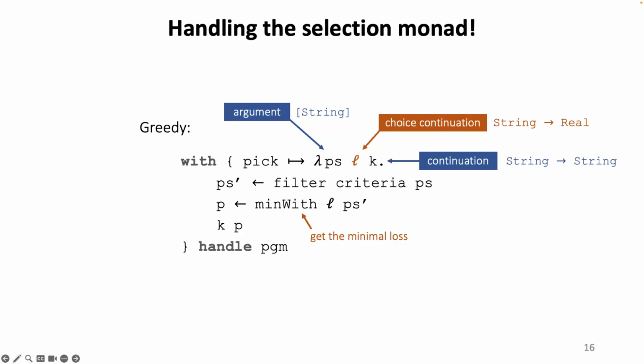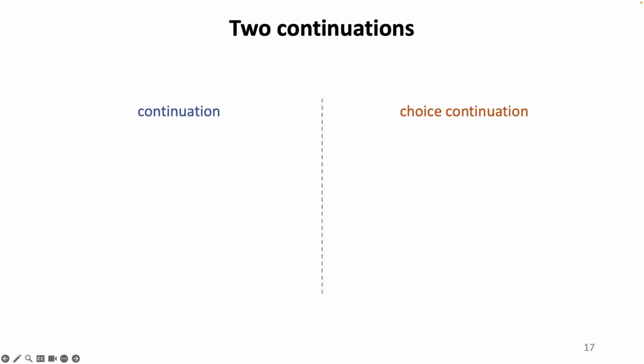And a particular thing worth noting is that in this system, we actually have two continuations, right? So we have this continuation K that is delimited because it captures from where the operation is performed to where the handler is used to handle this operation.